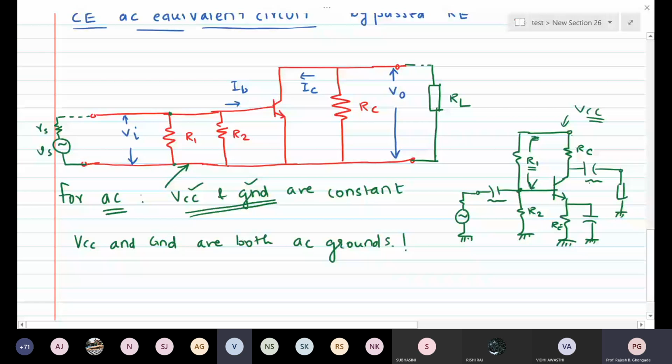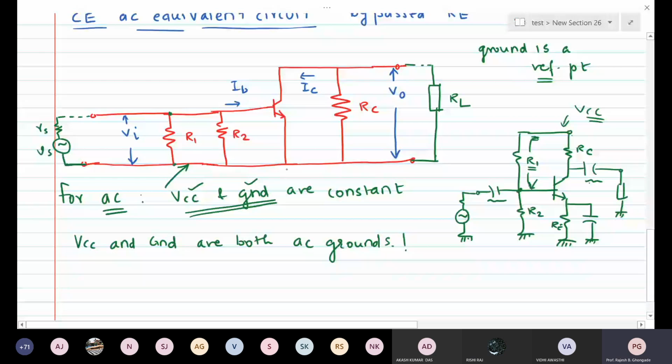Sir, what does AC ground really mean? Please remember that ground is a reference point. Normally, the lowest voltage point we call the reference point, which we call the ground. So somewhere here you can see that I have connected the ground or the lower end of the AC signal generator, and that point is the AC ground.